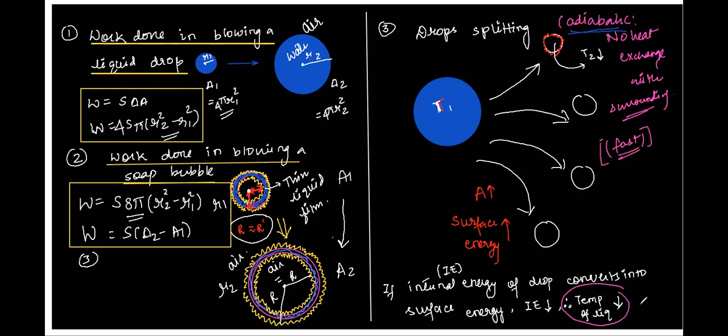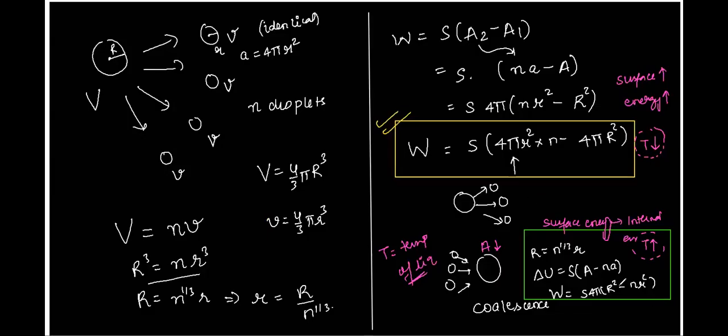In thermodynamics, sometimes you will not be given whether the process is isothermal or adiabatic. They might simply tell you that the process is slow or the process is fast. Please take a note of this also: whenever a process is slow in thermodynamics, see, all the chapters are interlinked, right?